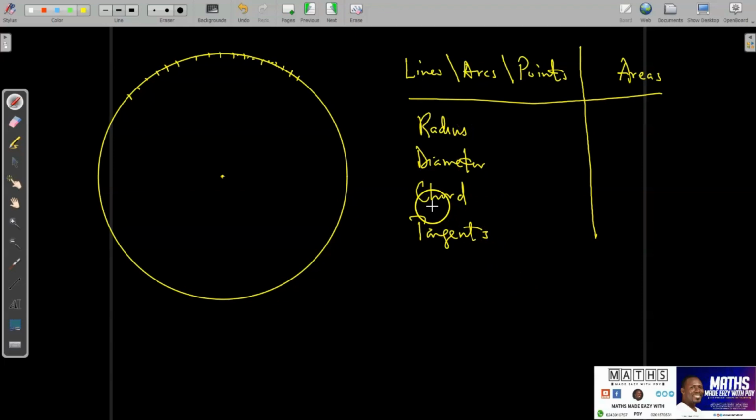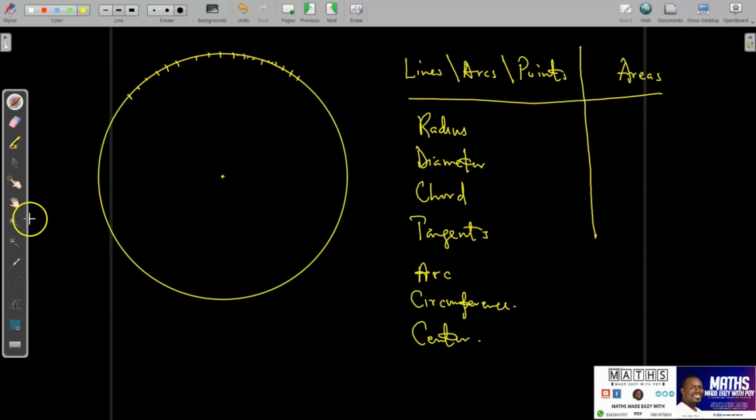Then you can also have the arcs, which is just an arc. Then you have the circumference. Then for the points, we may have the center. So these are the groups that give you the lines, arcs, and points.